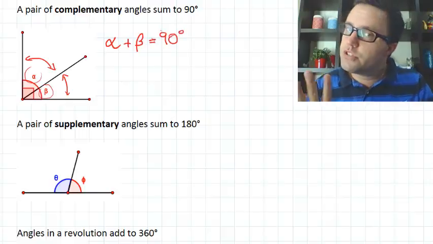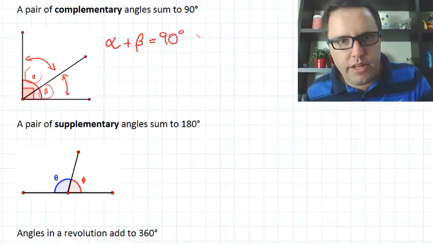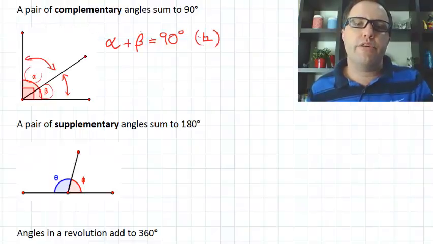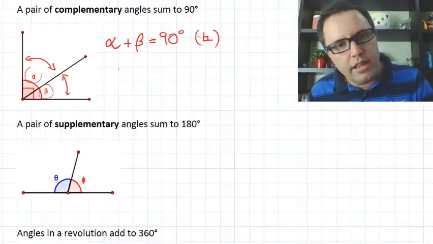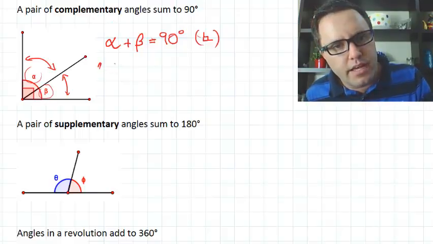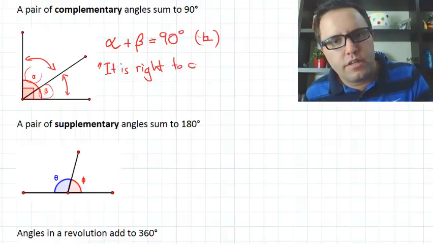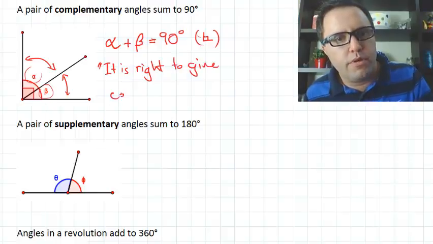Now, we've got little signs for these to use, so we write next to that, the rule that we're using is the right angle rule. Okay, now to remember that right angles, angles that sum up to 90 are complementary, a little mnemonic for you is that it is right to give complements.